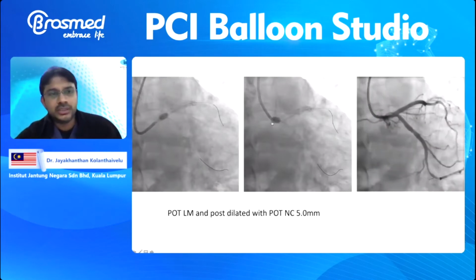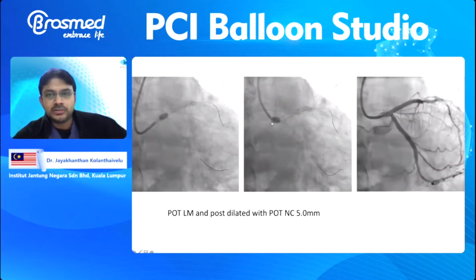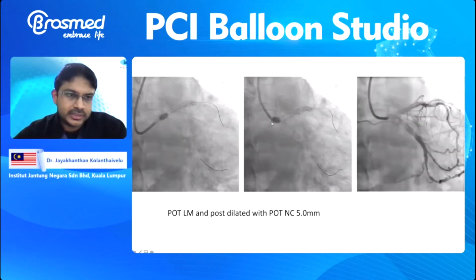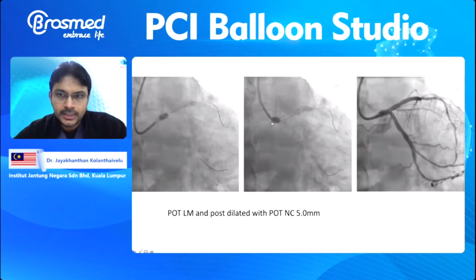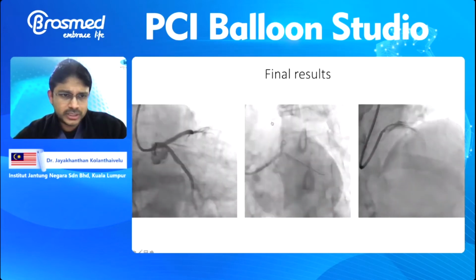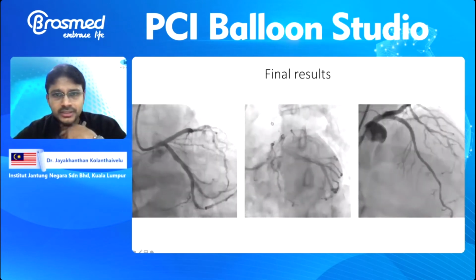And this is a 5.0, post-dilated the circumference of the rest of the stent with the same balloon. And really beautiful results. I did not have to do much more after that.